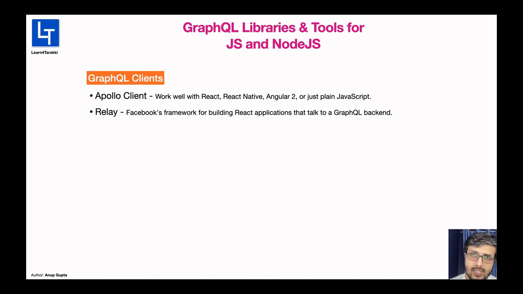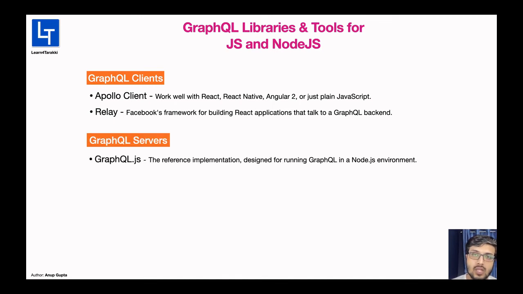Although a GraphQL client is not necessary, we can simply write the code using the Axios library we used in the Node.js or JavaScript world. We simply have to make a POST API call with the GraphQL query expression within the request body. Let's talk about GraphQL servers. GraphQL.js is the reference implementation designed for running GraphQL in the Node.js environment.